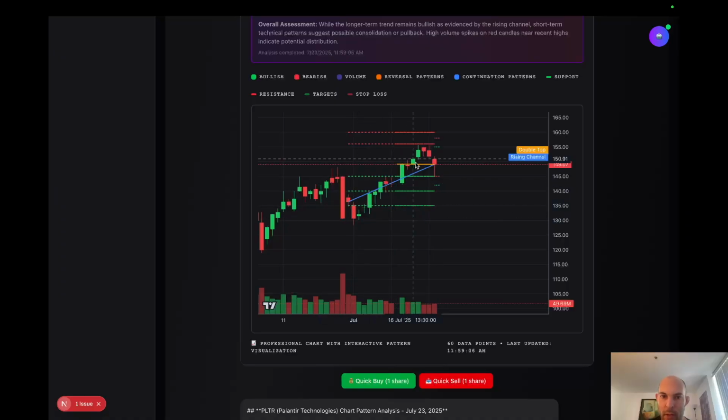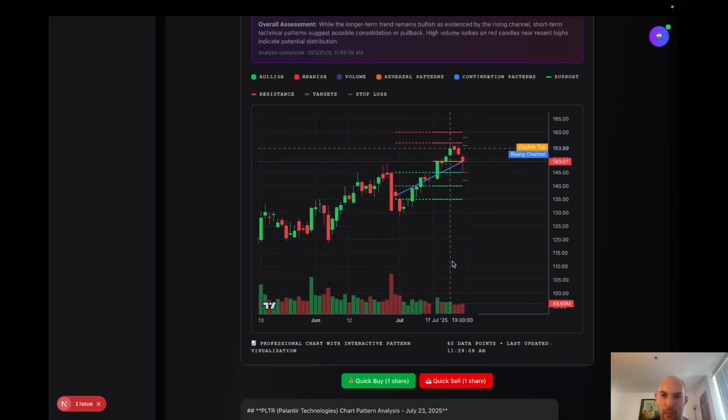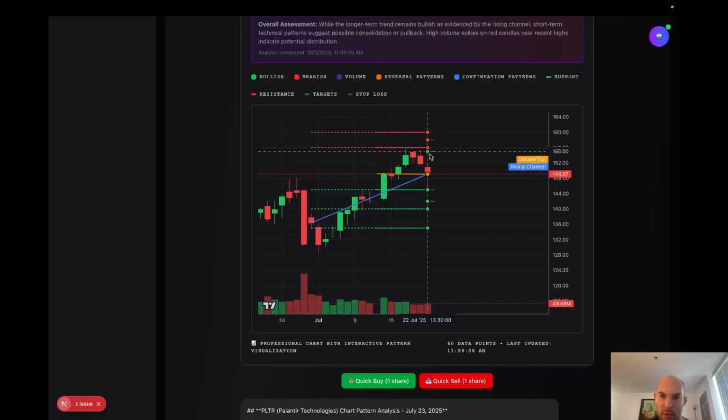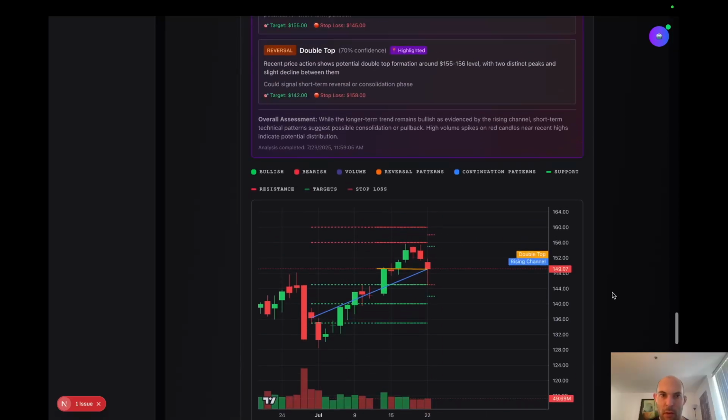Okay, so when we come here now, we have the rising channel. The orange indicator is never as good. So like, I don't know, the reversal pattern. Yeah. And then you have some targets and then some stop losses here, which is pretty cool.